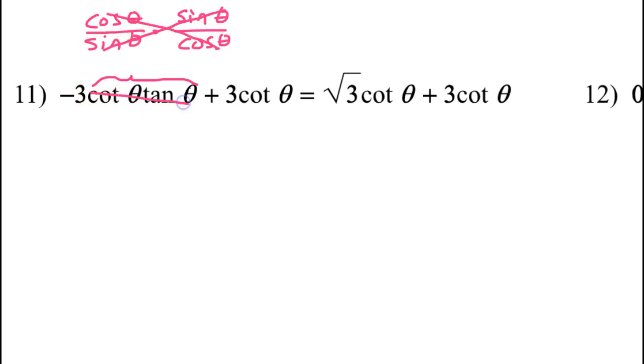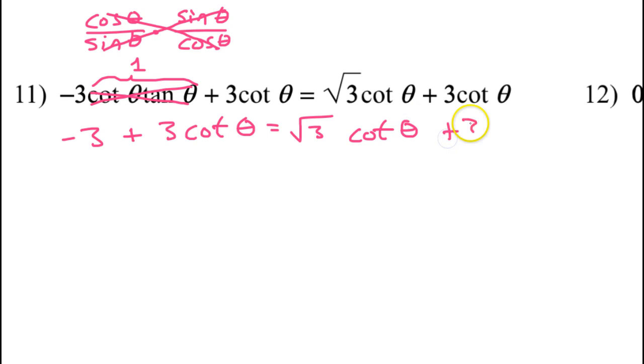That just leaves negative 3. And then the rest of it: negative 3 plus 3 cotangent theta is equal to radical 3 cotangent theta plus 3 cotangent theta. Okay, that's better.